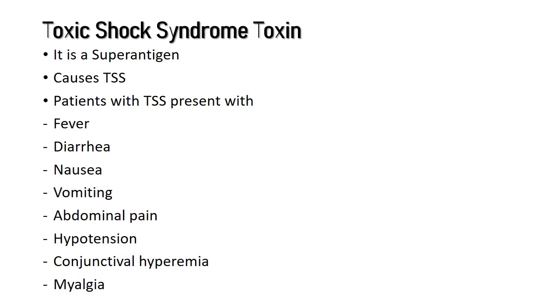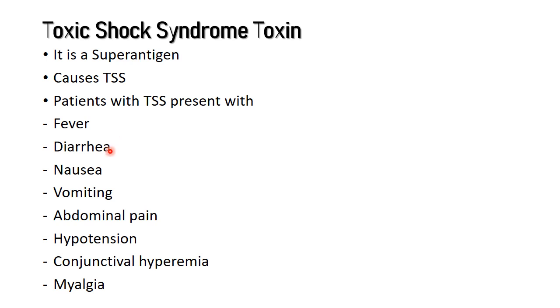Now let's talk of toxic shock syndrome toxin. So it is also a super antigen, of which I've said we'll definitely discuss later, and it causes toxic shock syndrome. And patients with TSS usually present with fever due to this widespread activation of cytokines, which will go and trigger the hypothalamus to change the set point of temperature.